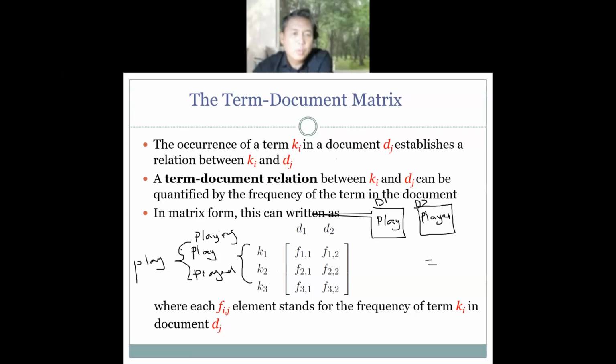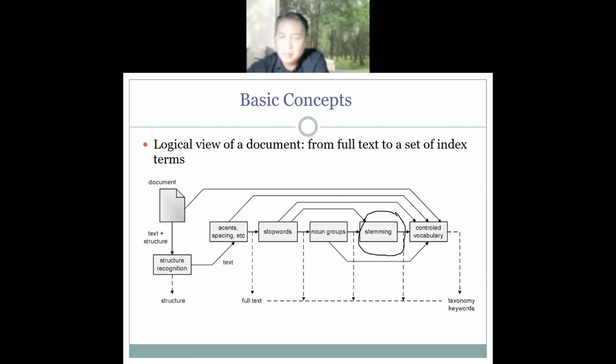So what we want, once we get this document, is to do the tokenization, in which we take every word that exists in that document, and then we perform pre-processing. This is what we call the stemming process. We find the root of the word. So we only capture the root of the word. This is what we call stemming.